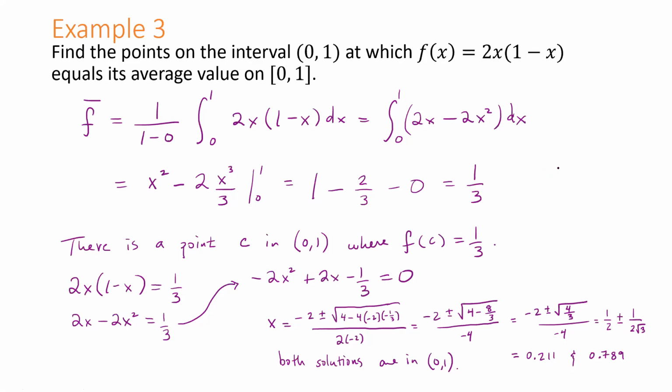If you want to picture what this looks like, between 0 and 1 it passes through 0 and 1, like an upside down parabola, maybe something like this. 1/3 would be right around there, so it's going to hit the graph at those two points. Oh, okay, I see.